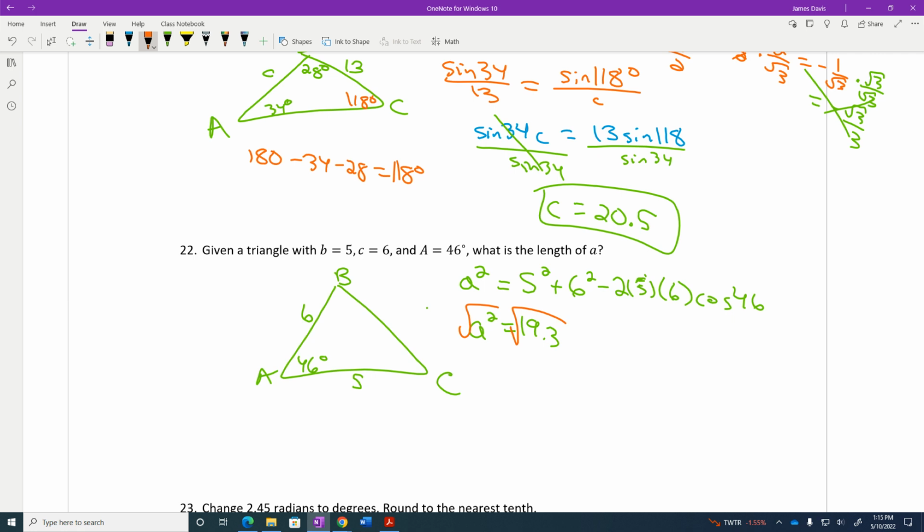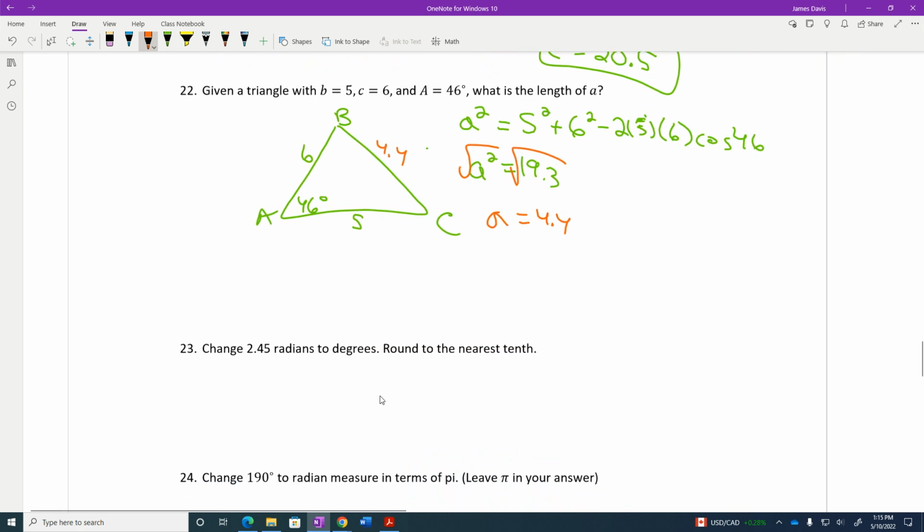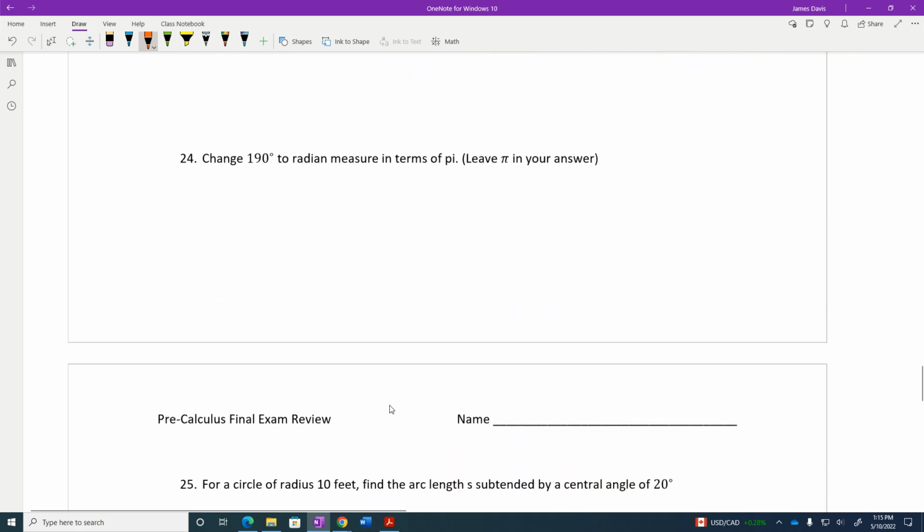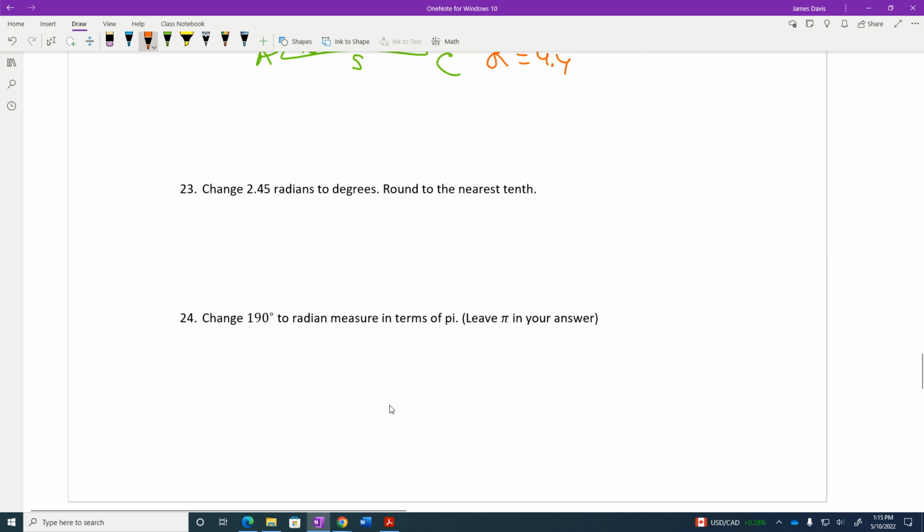And we get about 4.1. That seems reasonable considering the other ones. The next 4 or so problems should be pretty easy points, I think.